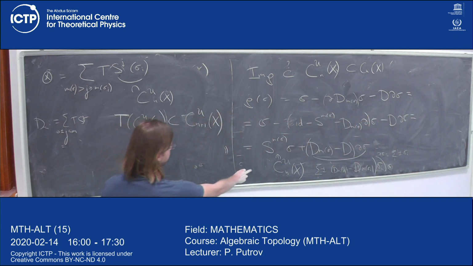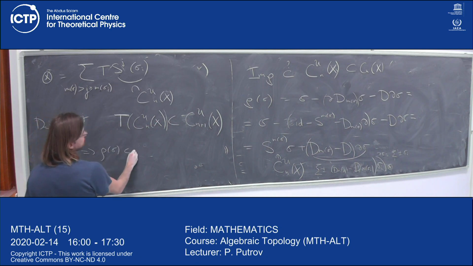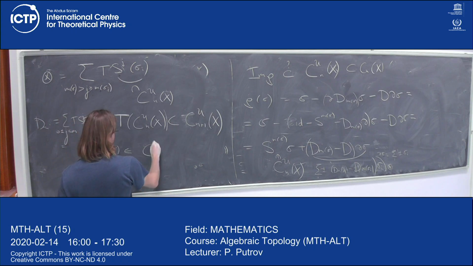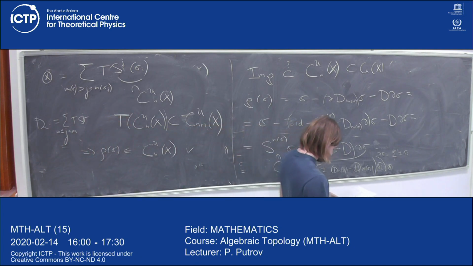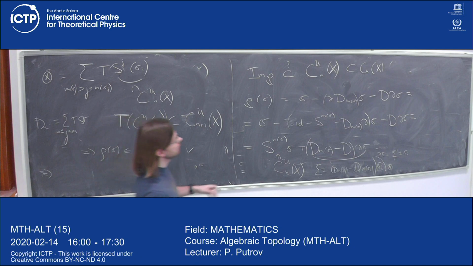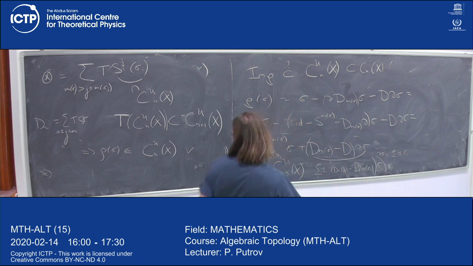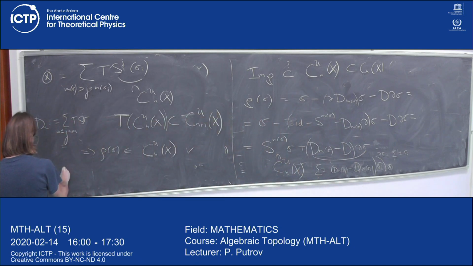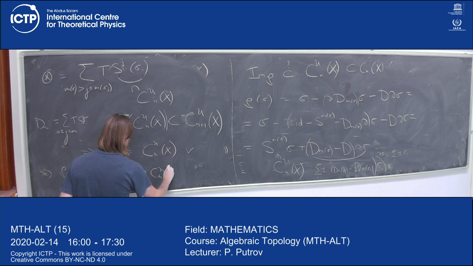So in particular, by summarizing this, we learned that rho of sigma is inside X. So it follows that rho was originally defined as a homomorphism from this group to itself, but since its image is inside this subgroup, rho can be considered as a homomorphism from Cn of X to this group.